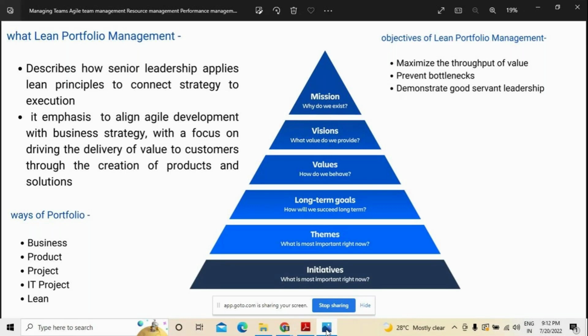One is the agile process, which has been introduced in IT as well as non-IT sectors, where most companies were transforming towards an agile environment. Second, they are adopting the lean process and principles, which we are going to discuss now in reference to portfolio management.